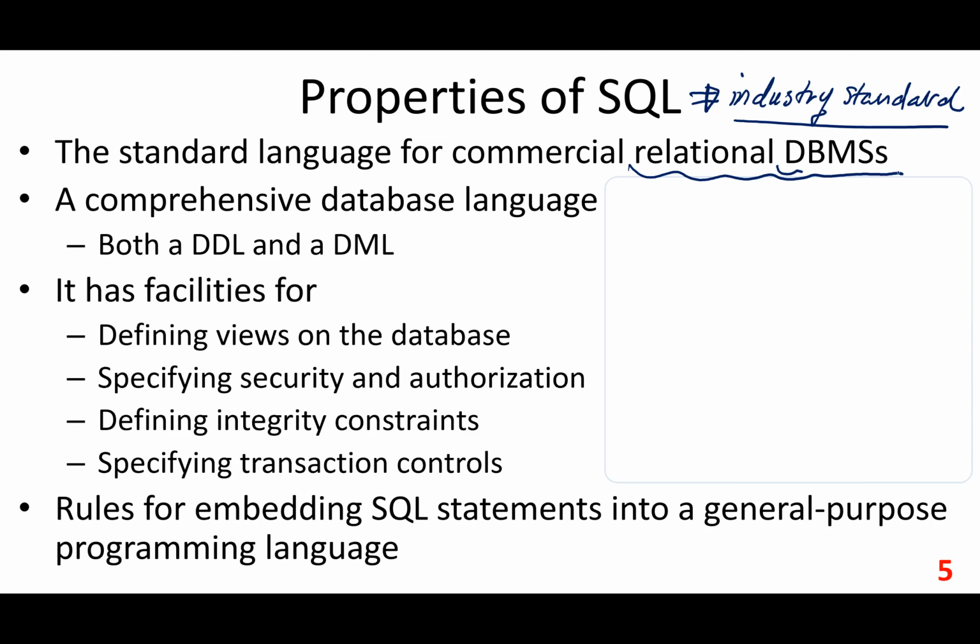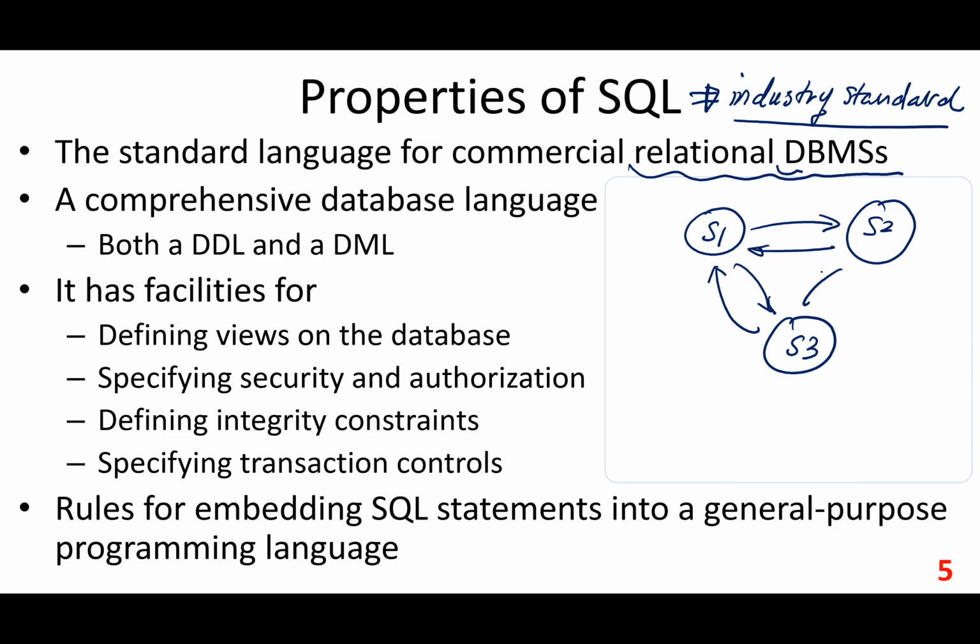Remember last time I drew a diagram: we have many different servers in the world, S1, S2, S3. All these servers need to communicate, and we need to access the database server at different locations. Also, we need to do queries.